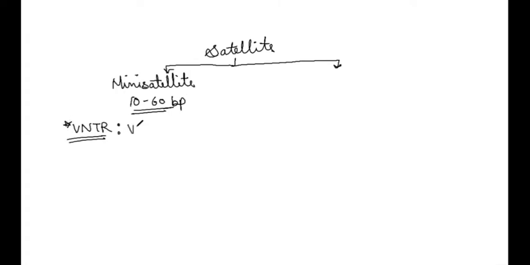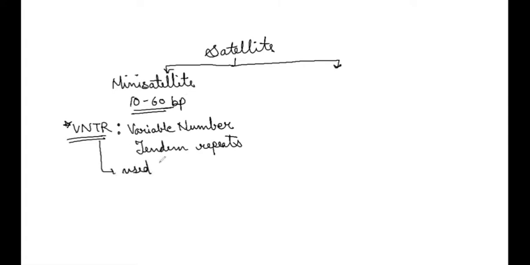Variable number tandem repeats. And this is used in the process of DNA fingerprinting. Remember, VNTRs are used for DNA profiling.